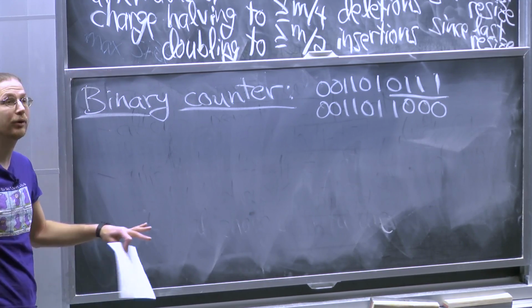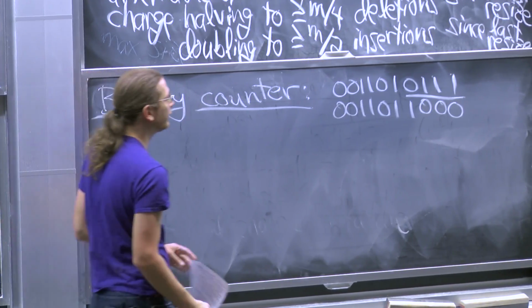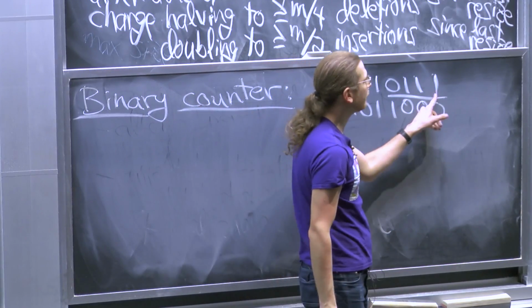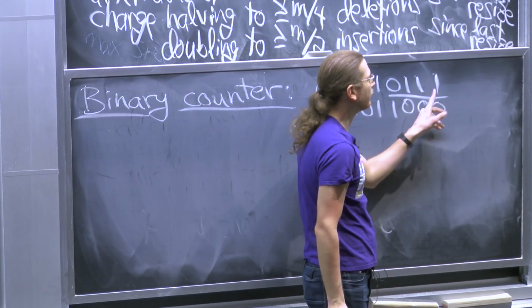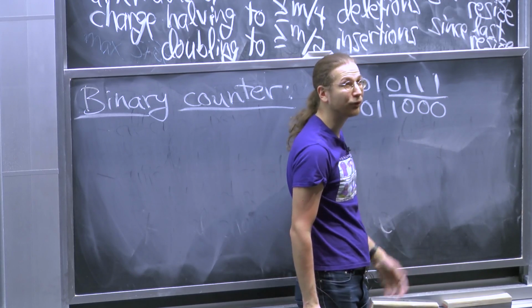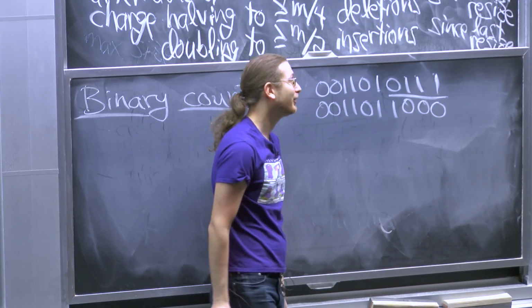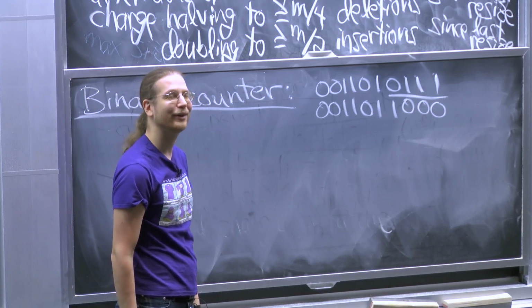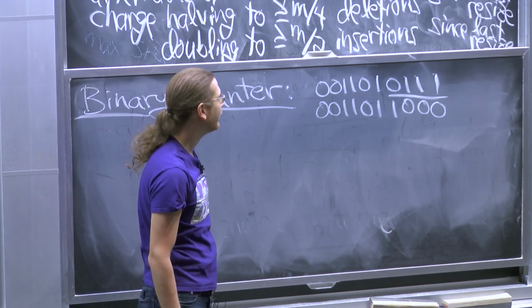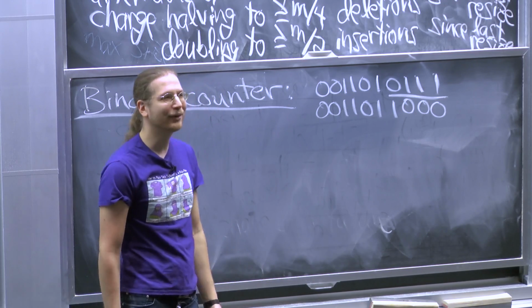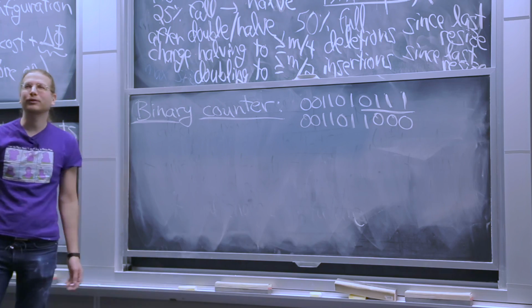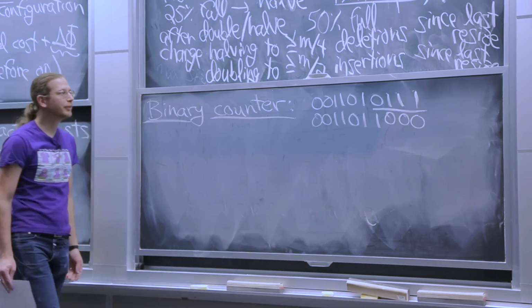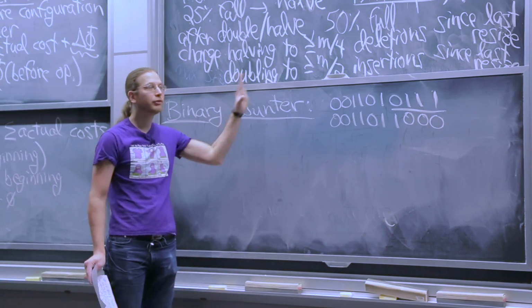If I start with a 0 bit vector, and I increment, well, the very first increment costs 1, the next increment costs 2, next costs 1, next costs 3, then 1, then 2, then 1, then 4, then it's a fractal. But instead of thinking about that fractal and working hard to prove that the summation is linear for n operations, let's use the potential method.